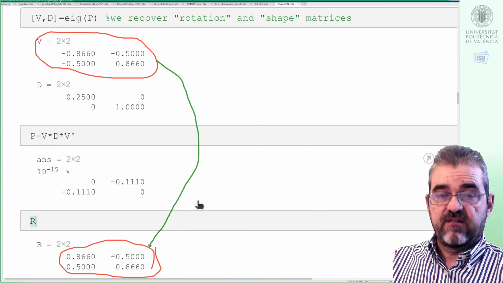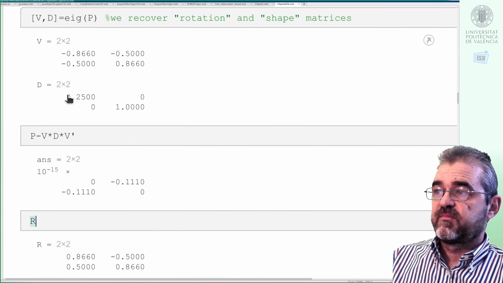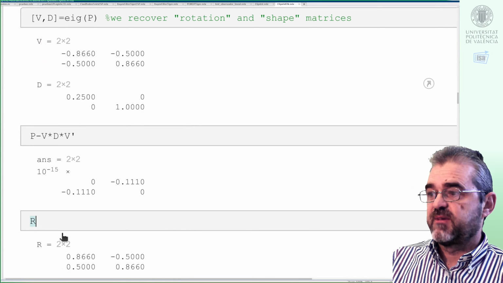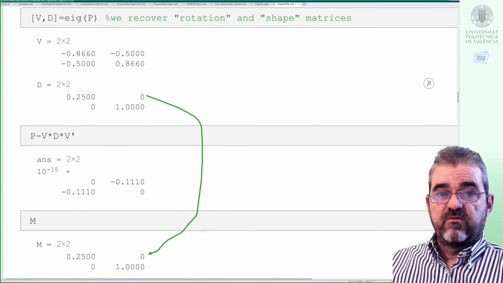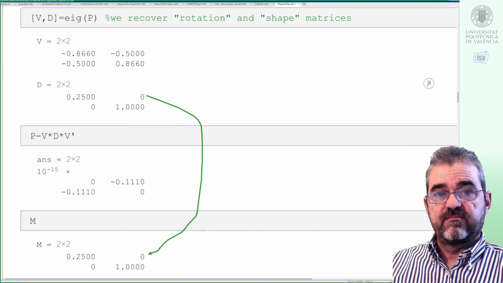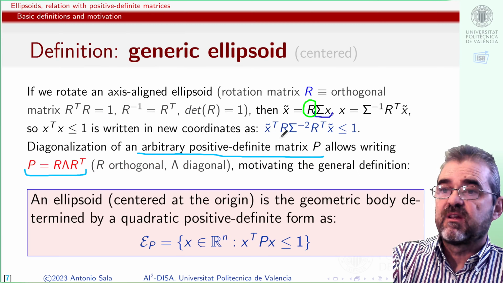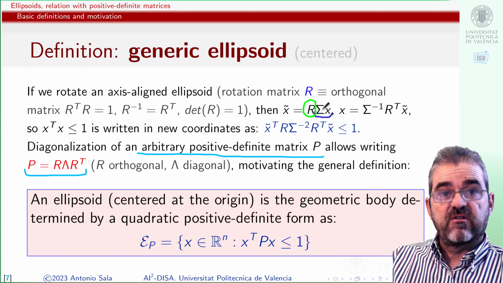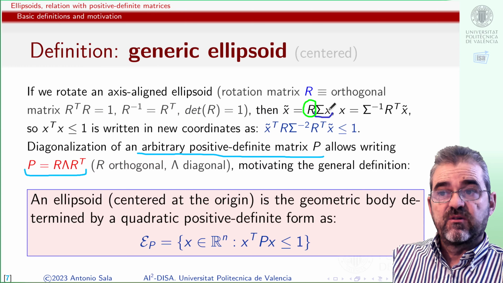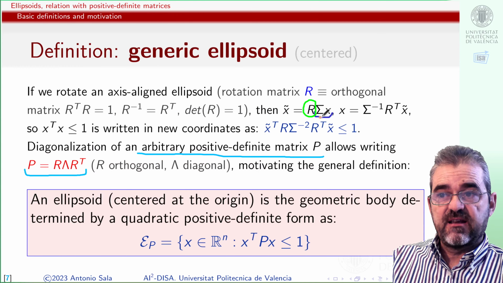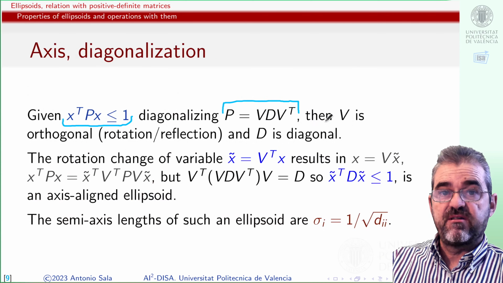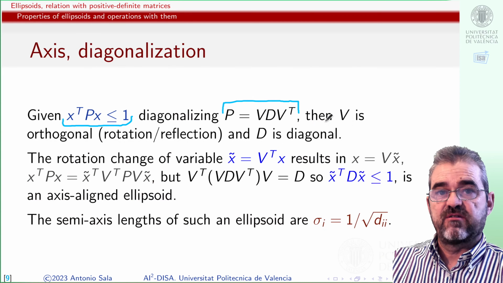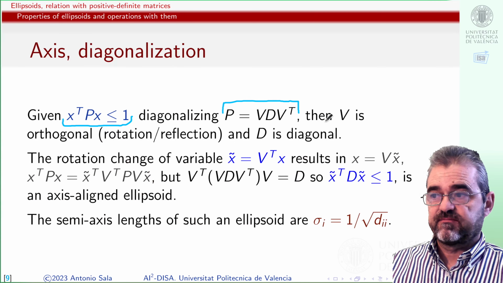So we indeed recover the rotation, and of course this diagonal matrix is the same diagonal scaling from which we started everything. So the geometric steps of crafting a circle, converting it to an axis-aligned ellipsoid, and then rotating it can be reversed by the diagonalization procedures in the matrices.